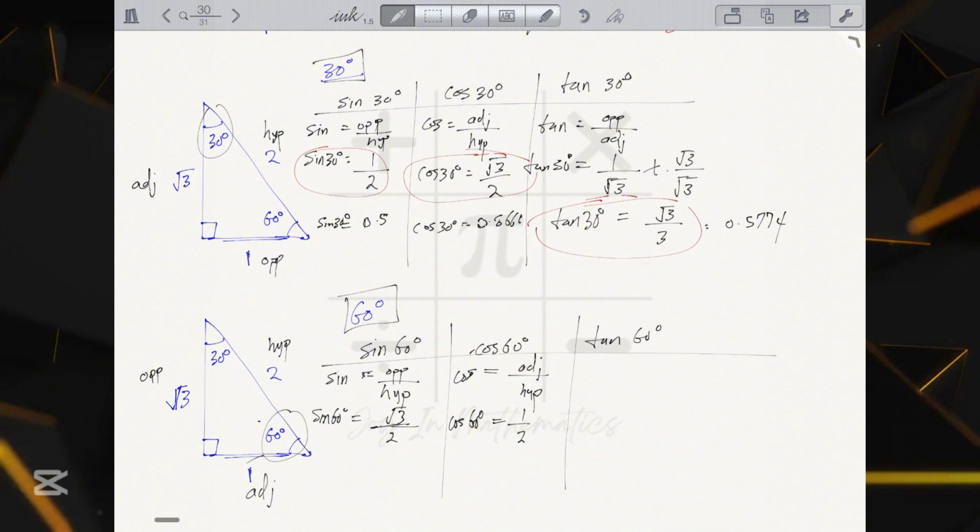And we do the same thing for tan 60 degrees. Tan, in its general expression, is opposite over adjacent. The opposite in this case is root 3, and the adjacent is 1. So we are saying that tan 60 degrees is equal to root 3.